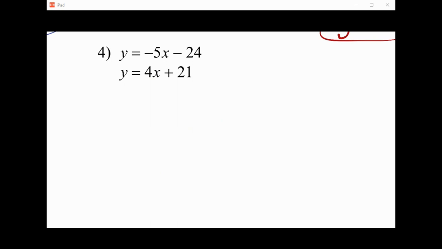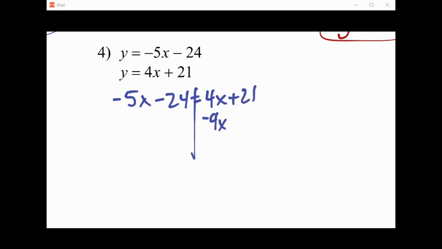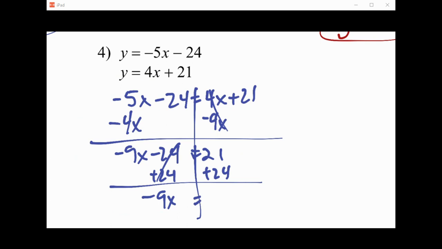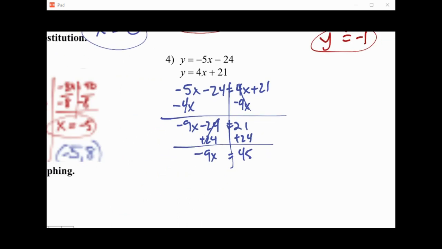If you have two y equals, you can set them equal to each other and then solve that way. So if I minus 4x on both sides, you get negative 9x minus 24 equals 21. Add 24, and I get negative 9x equals 45.